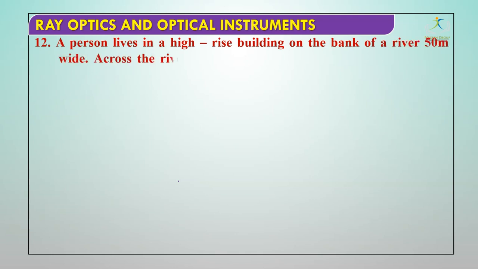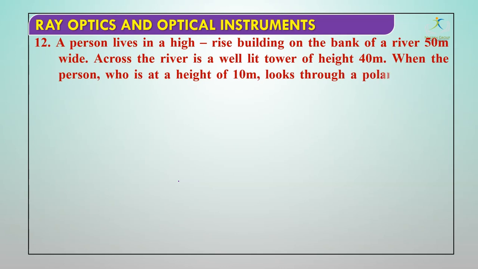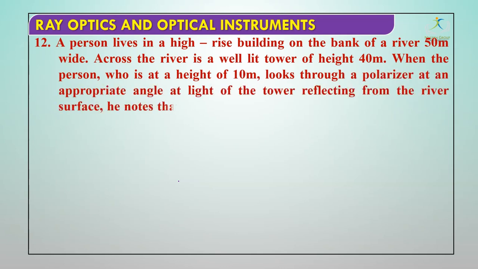Next question: a person lives in a high-rise building on the bank of a river 50 meter wide. Across the river, there is a well-lit tower of height 40 meter.